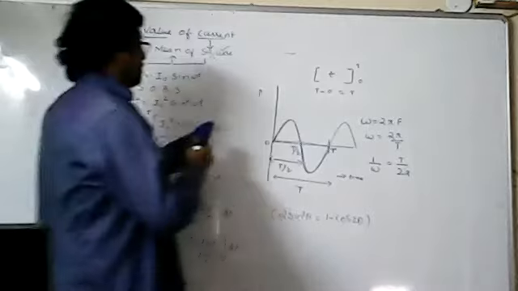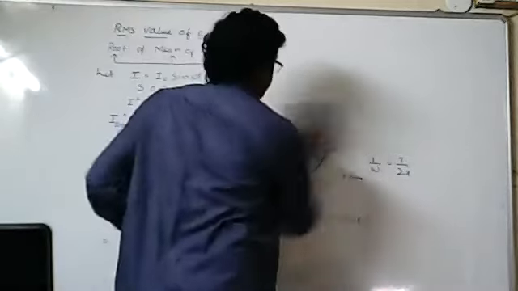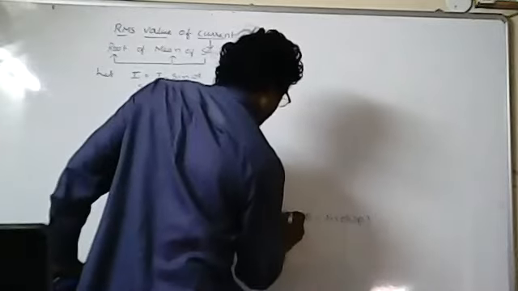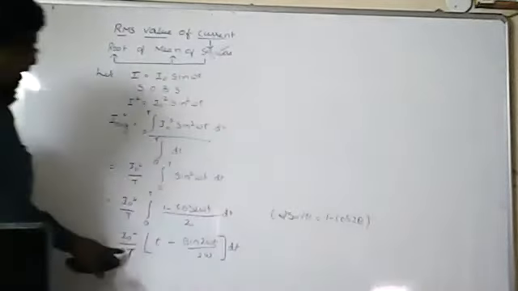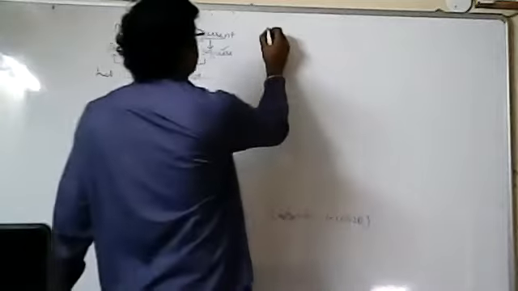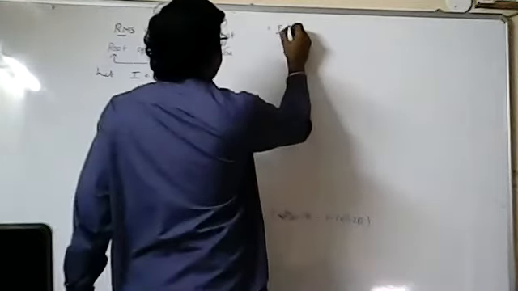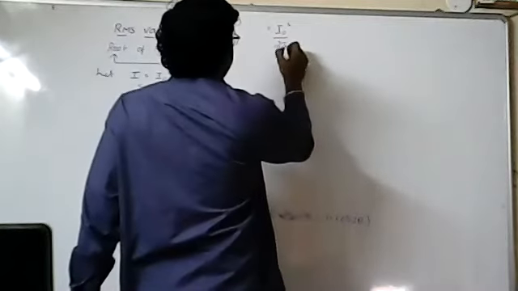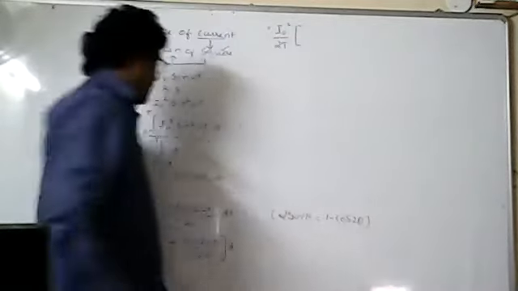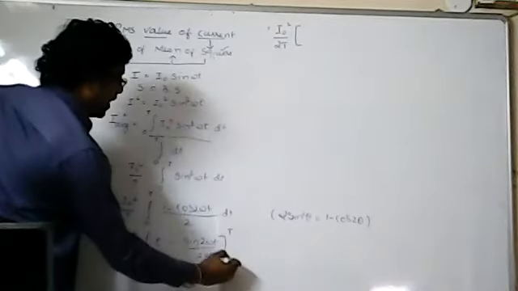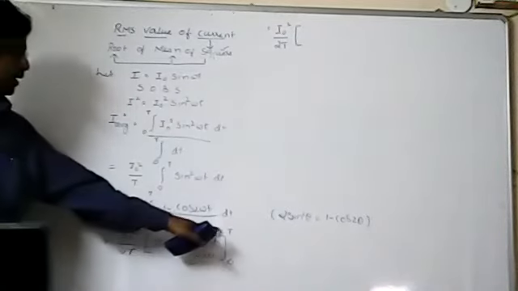Is it visible, right? Then this is equal to I naught square by 2T into, now apply the limits. What are the limits? T and 0.